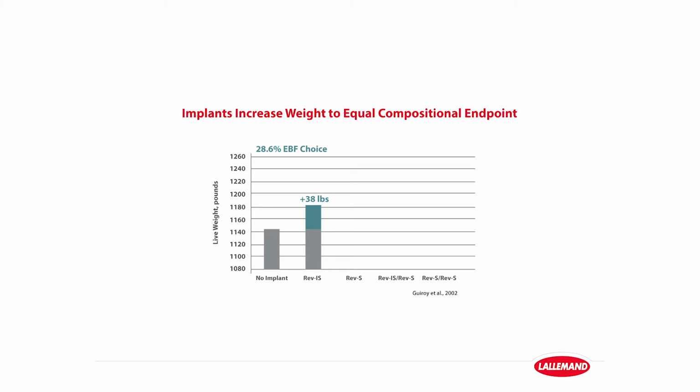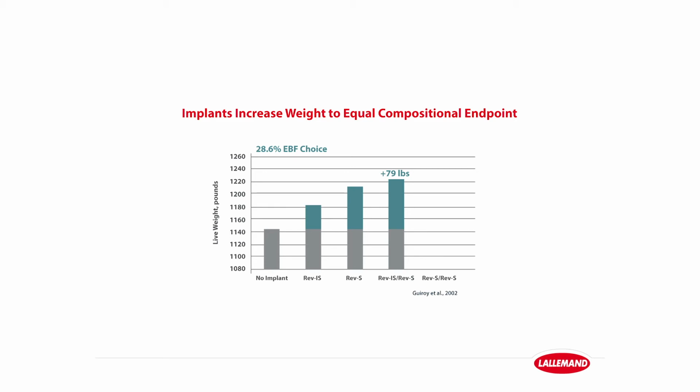A more potent implant, Revelor S, would need more days at a heavier weight. Now that animal needs an additional 67 pounds. If an animal was given two implants, a Revelor IS followed by a Revelor S, today that would be known as Revelor XS in a one-dose implant, they had to be 79 pounds heavier.